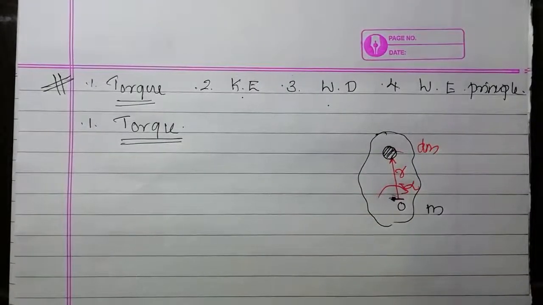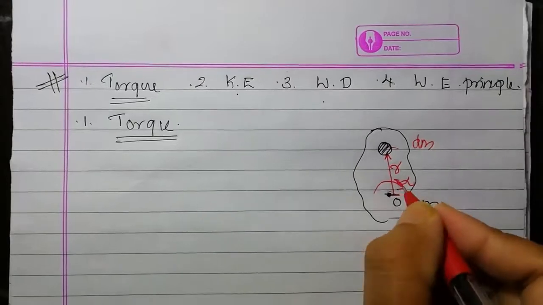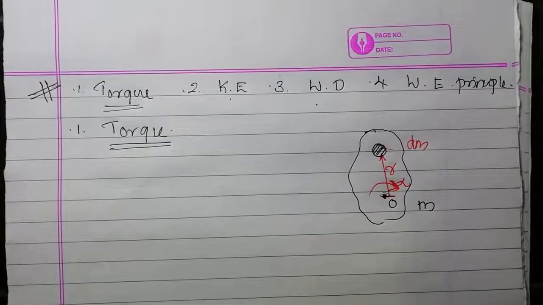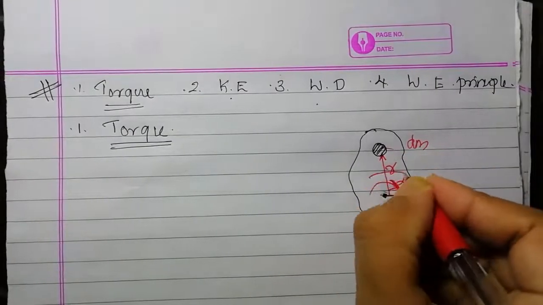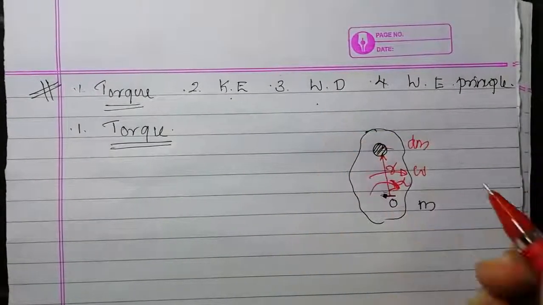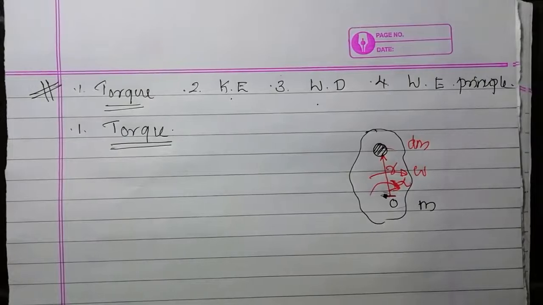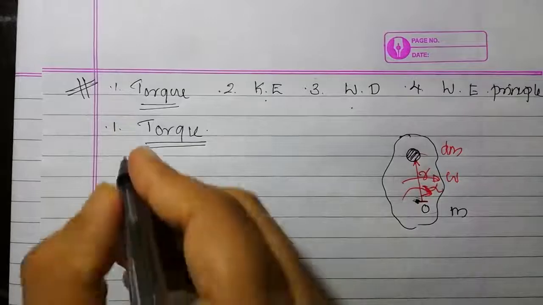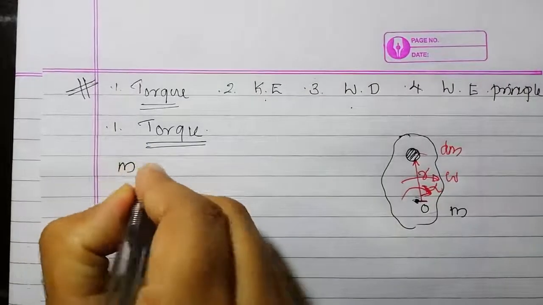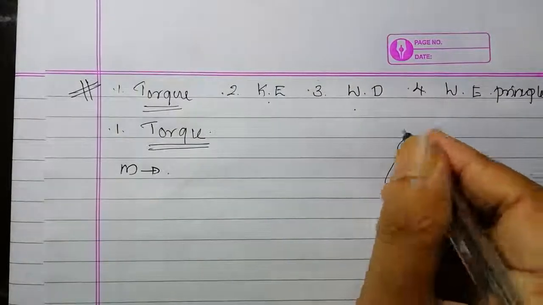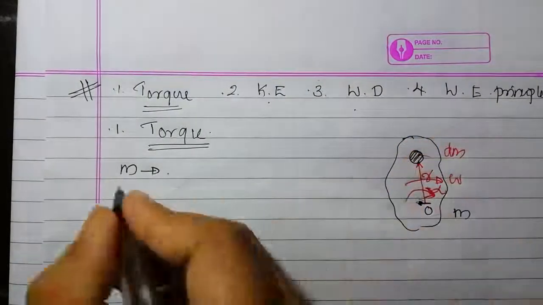Now suppose omega is the angular velocity. Suppose I am assuming the body is rotating in this direction, the clockwise direction. So omega is the angular velocity. These are the things we assumed or already know. M is the total mass of the rigid body.